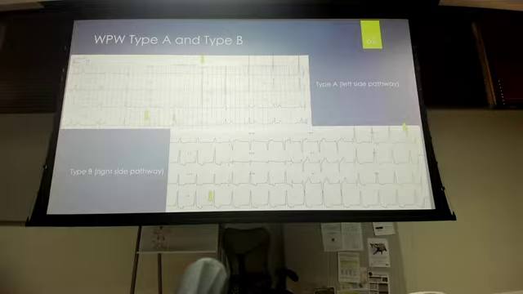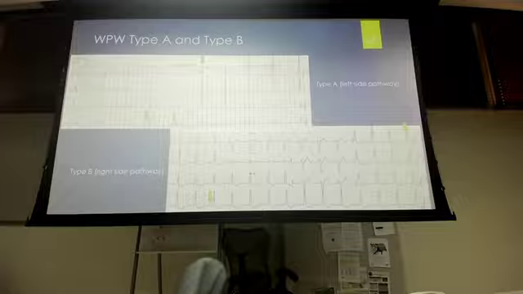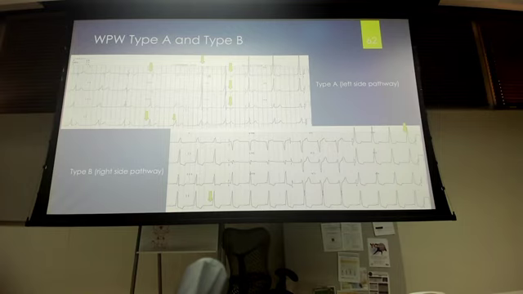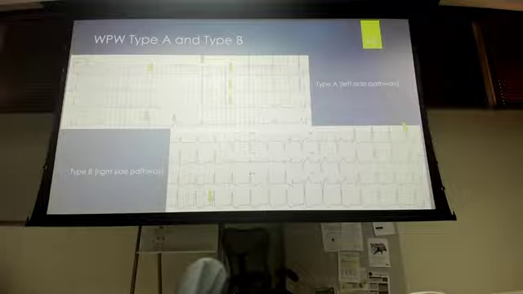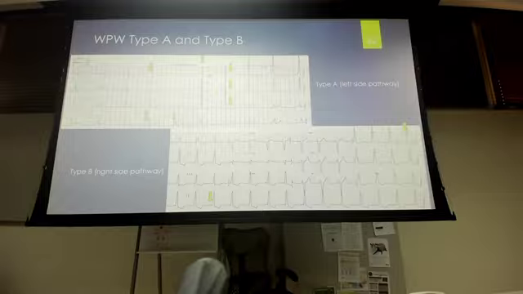But for type A, the left-sided pathway, we have a prominent R wave, and we have inverted T waves. V1 typically has a small R wave and a big, deep S wave, and inverted T's. That's not unusual. But here we have a prominent R wave with inverted T waves.